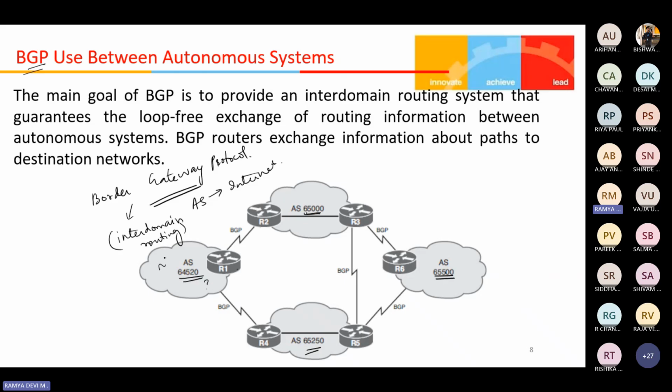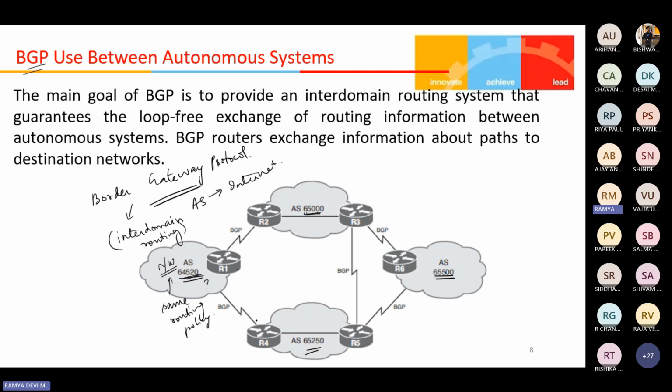So even multiple networks can be combined here, which will be following the same routing policy. So that is called as an autonomous system. So each and every autonomous system will be having a unique number that is called as an autonomous system number. So here four autonomous systems are there which are numbered as these are the numbers.